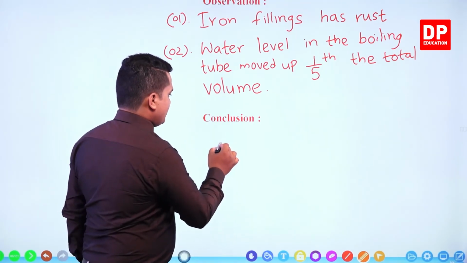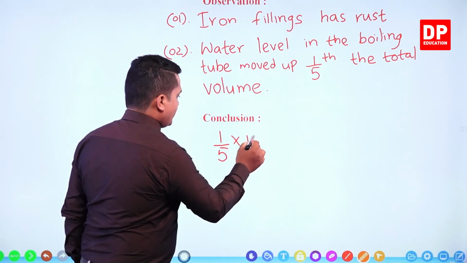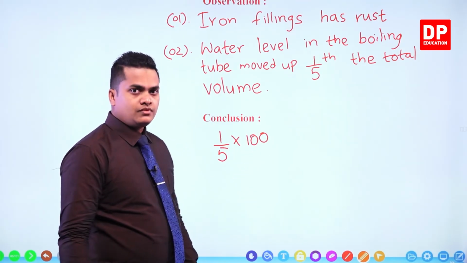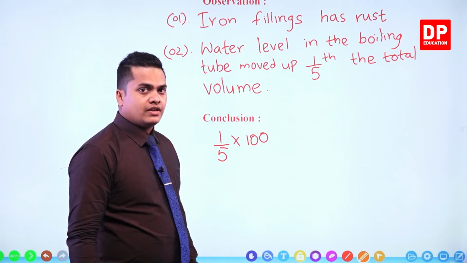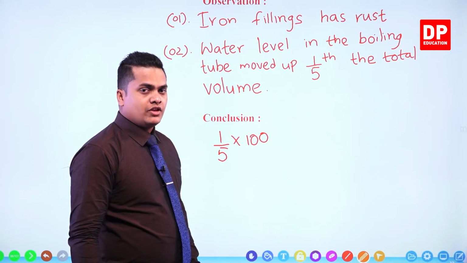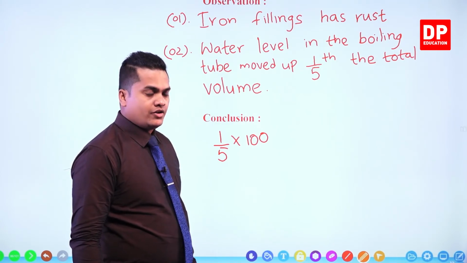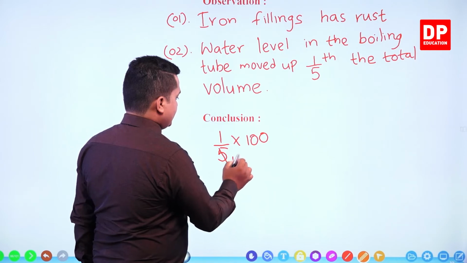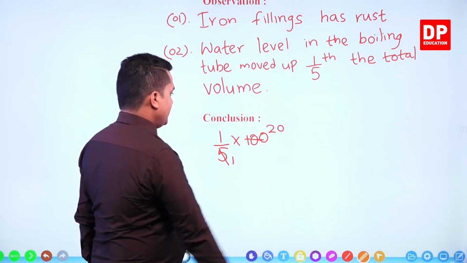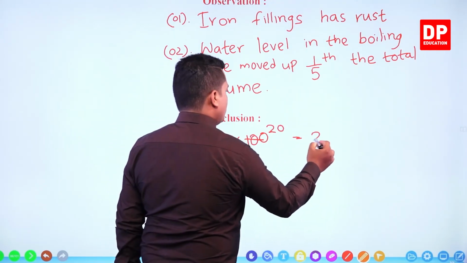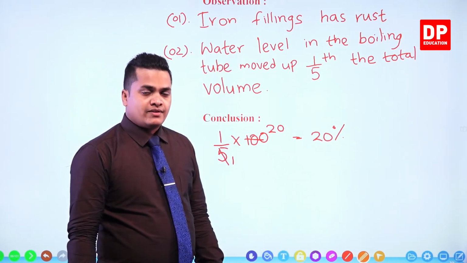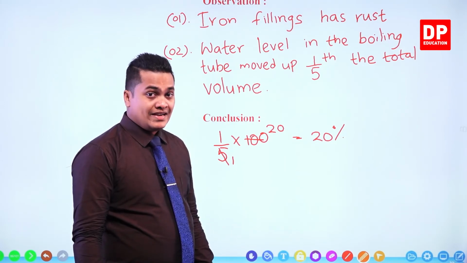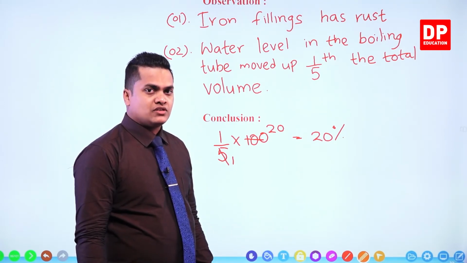So if you multiply 1/5 by 100, when you convert 1/5 into a percentage, the answer is 20%, right? So 20% of the gases in our atmosphere is oxygen.